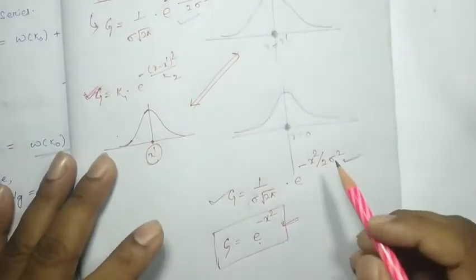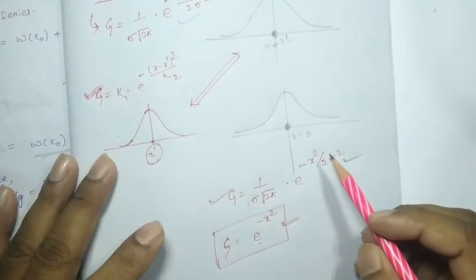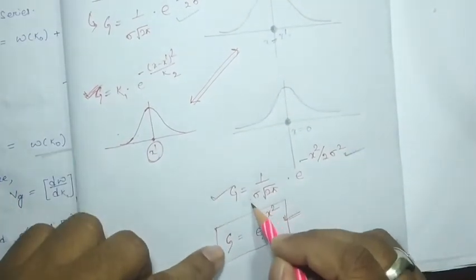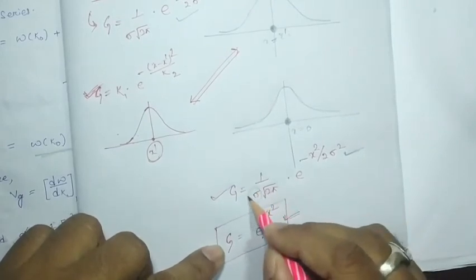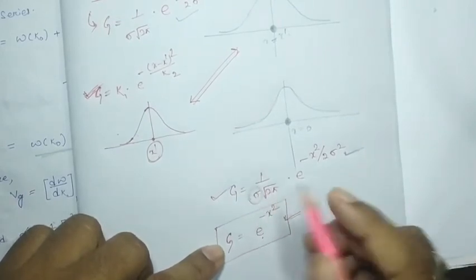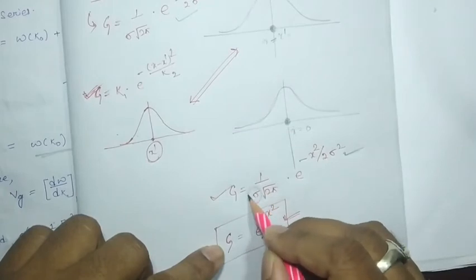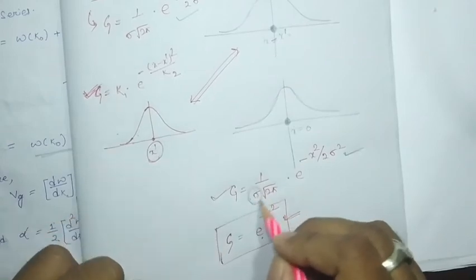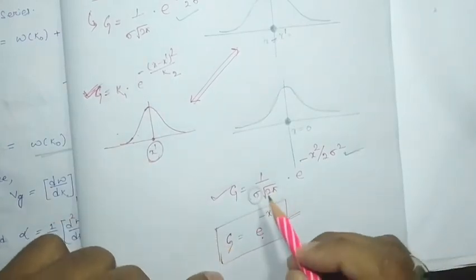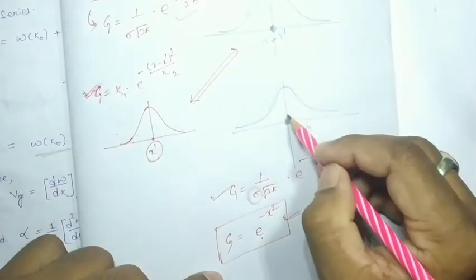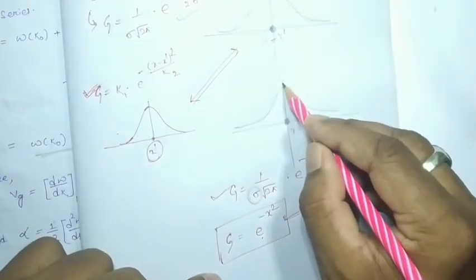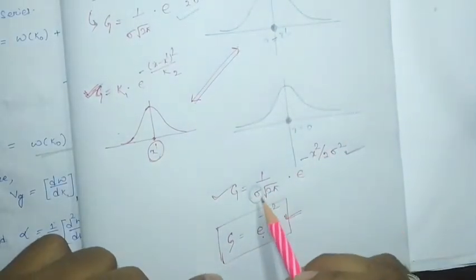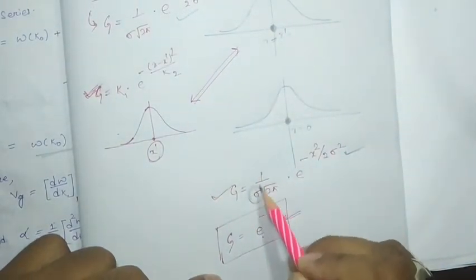You may remember, I also taught in your first semester that if this sigma tends to 0, then this peak height is going to be maximum at this point, because 1 by 0 tends to infinity.